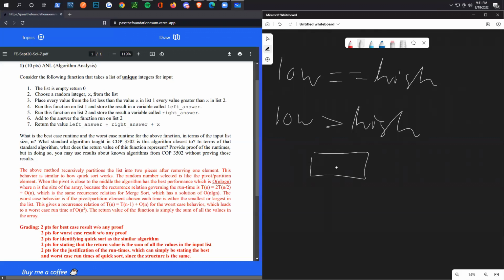Let's say you have an array of size 2 with indices 0 and 1, and your low is 2 and your high is, for whatever reason, 1. Then you've exhausted everything you can search because low has crossed.